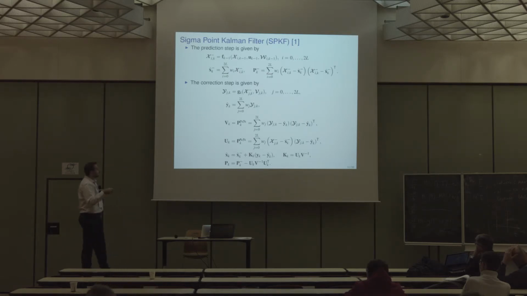So you recompute a set of sigma points, I'm recomputing sigma points x and v here. You pass them through the measurement model. You can compute your predicted measurement. This then goes into an innovation term, but also you have to compute these cross covariances and the covariance associated with the innovation. So here's the covariance associated with the innovation, and here's that cross covariance associated with the state and the innovation. And then we can just do the correction step as we usually would, and the covariance computation associated with the predicted measurement in a pretty straightforward manner.